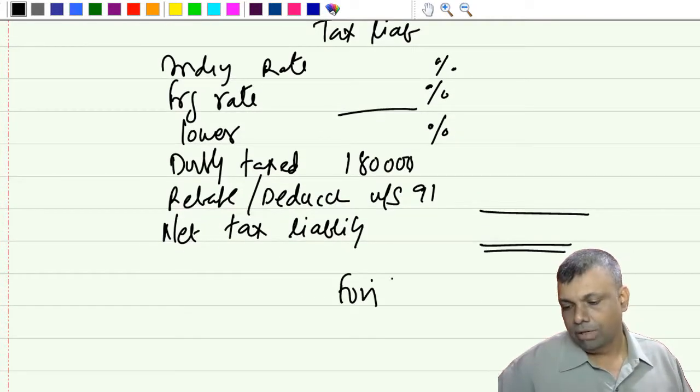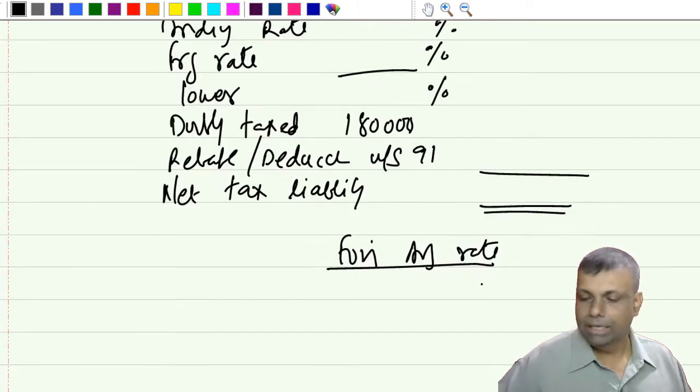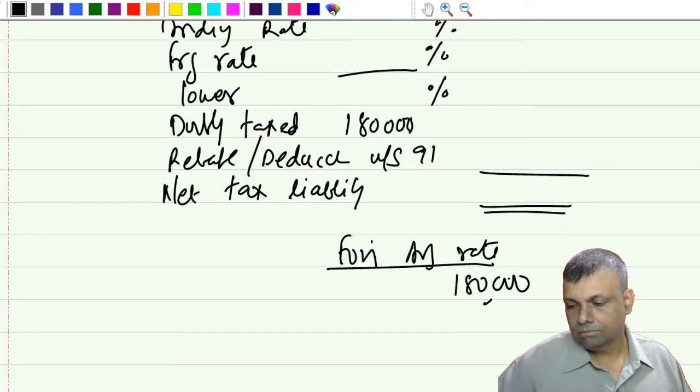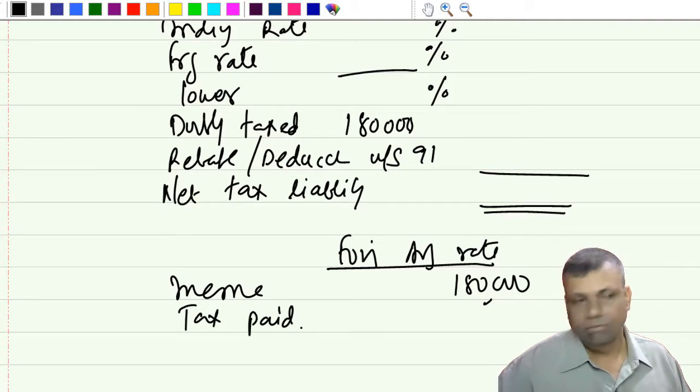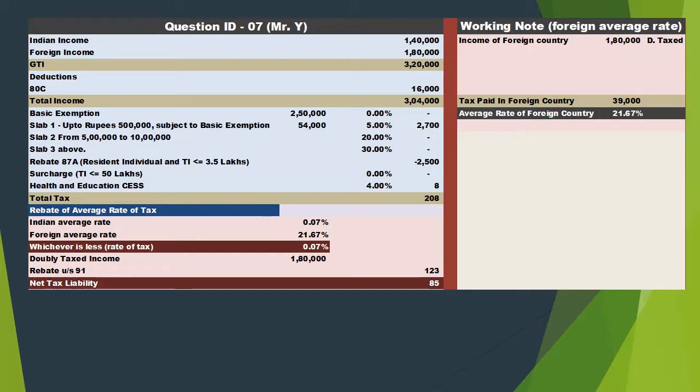If you want, you can write a note for that foreign average rate, which was basically 1,80,000 foreign income, and foreign tax paid in the foreign country is 39,000, and this will give you the percentage. Okay, so that's all. Come on, update your answer fully.